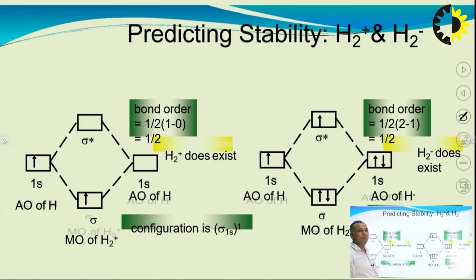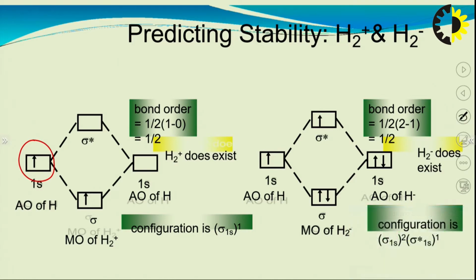So, I am going to discuss one more thing, this hydrogen minus. For hydrogen, we have this atomic orbital; these square boxes are atomic orbitals.